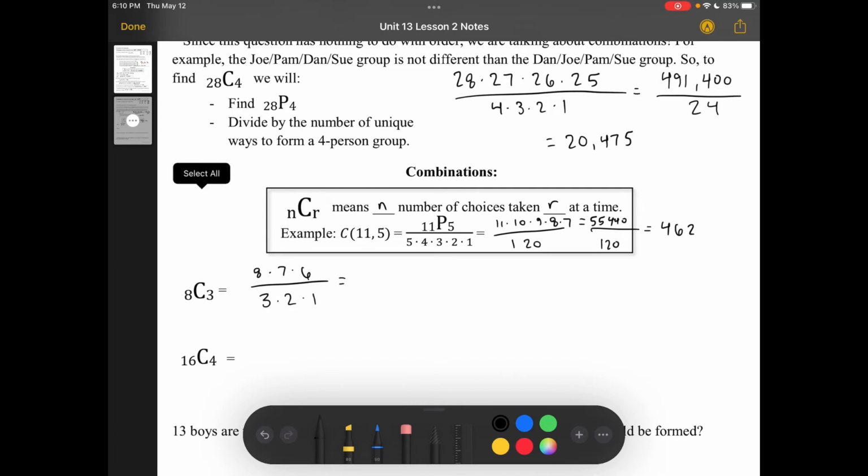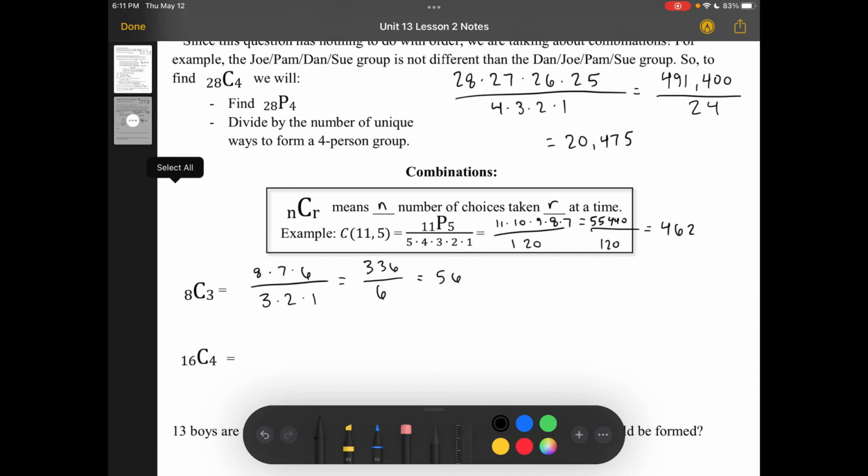Let's see what we get. 8 times 7 times 6 is 336, divided by 3 times 2 times 1, which is 6. 336 divided by 6 is 56. So when we're dealing with combinations, our numbers are a lot smaller.